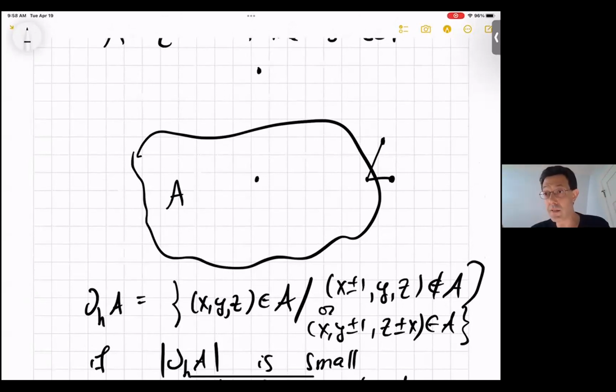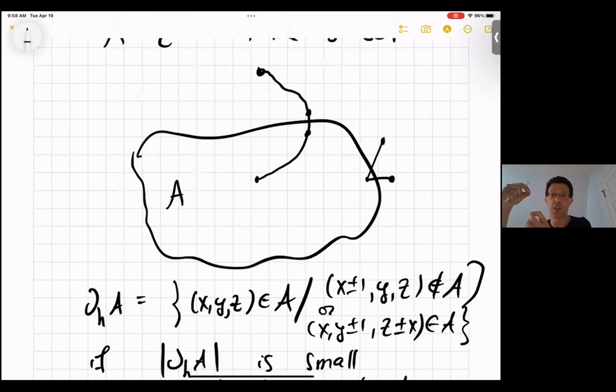Now, why is that? That's just because the vertical direction is the commutator of horizontal directions. So you just look at one of those paths that I drew, starting from the point in A to the point outside A. This path consists only of horizontal edges. So at some point you have to depart from the set in the horizontal direction.